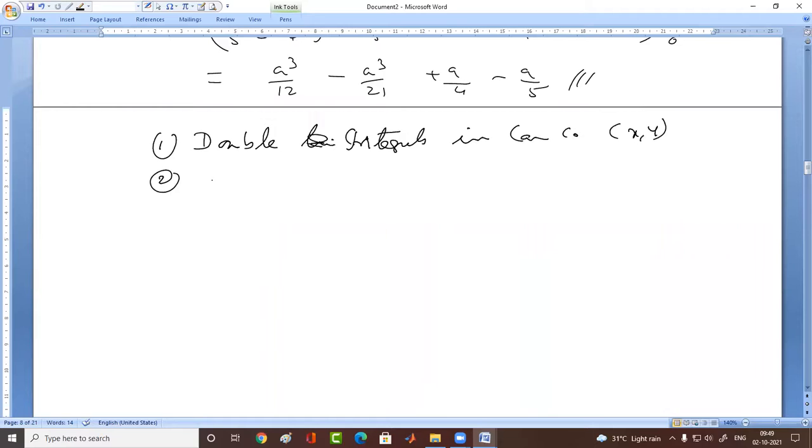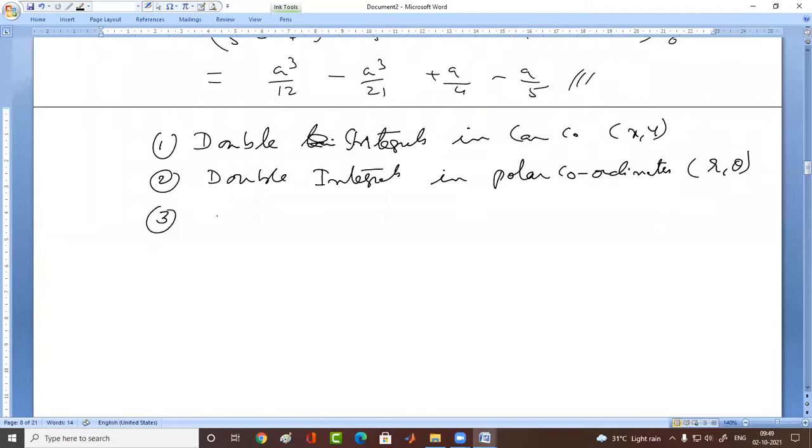Now, second topic is double integrals in polar coordinates, nothing but r comma theta.